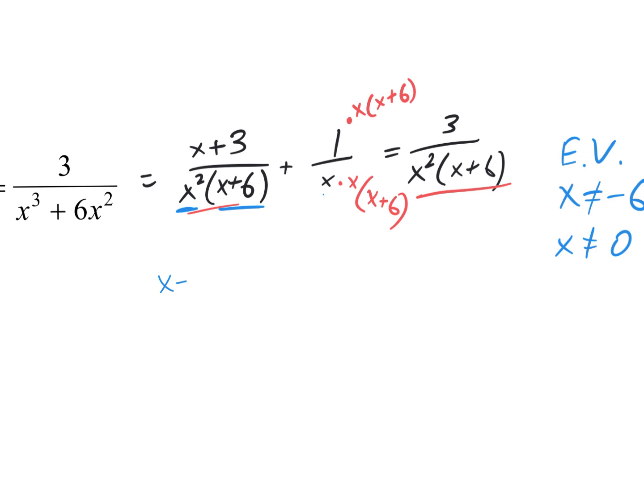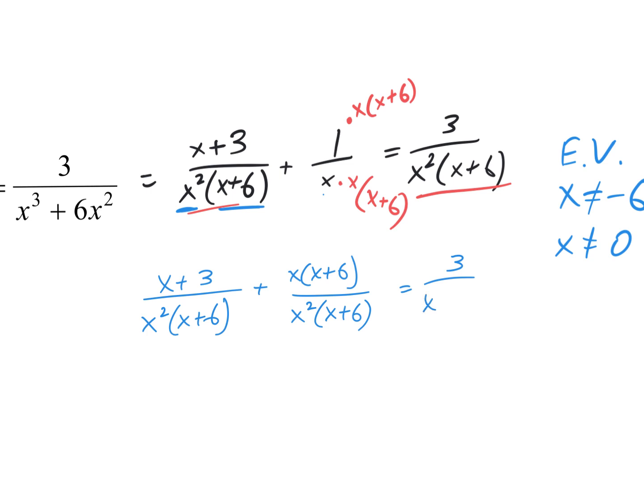So x plus 3, over x squared times x plus 6, plus x plus 6 over x squared times x plus 6, equals 3 over x squared times x plus 6. Okay, so now that all of our denominators are matching, we're ready to get rid of those denominators.